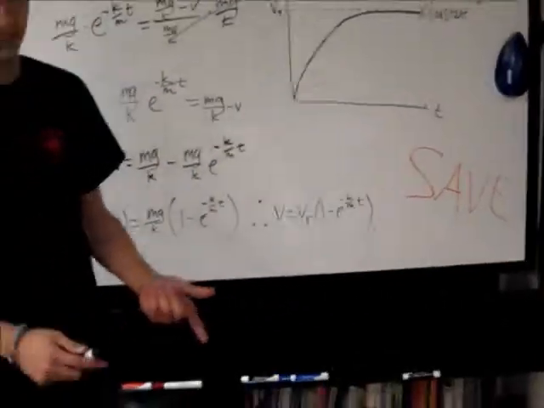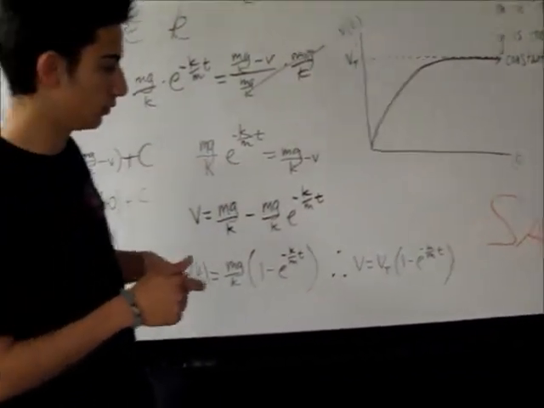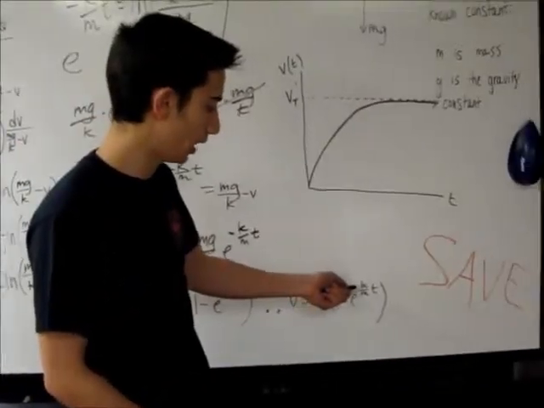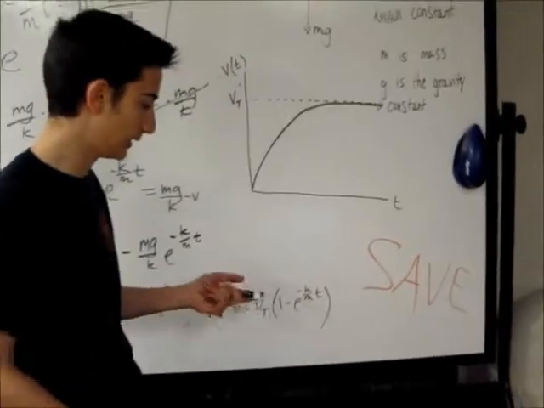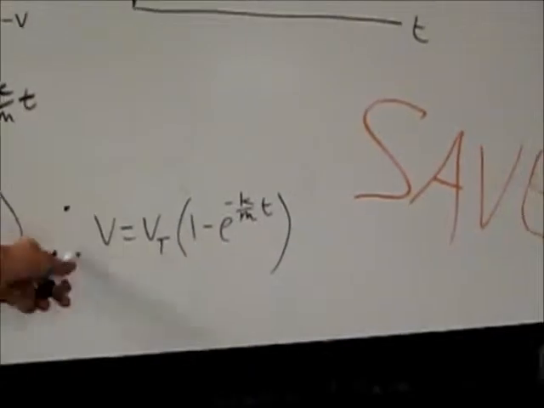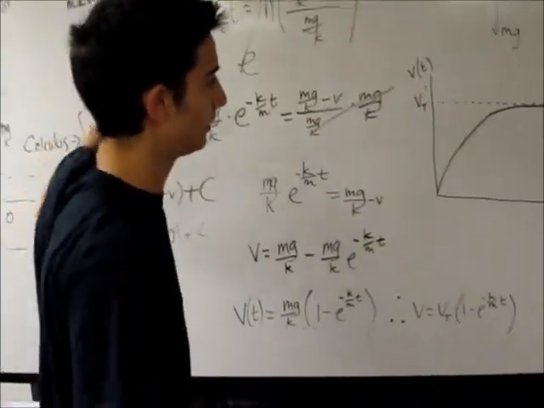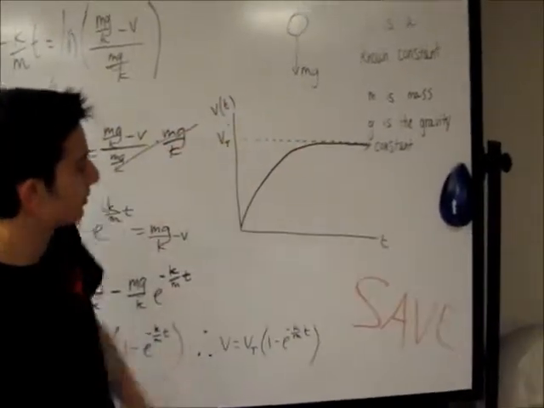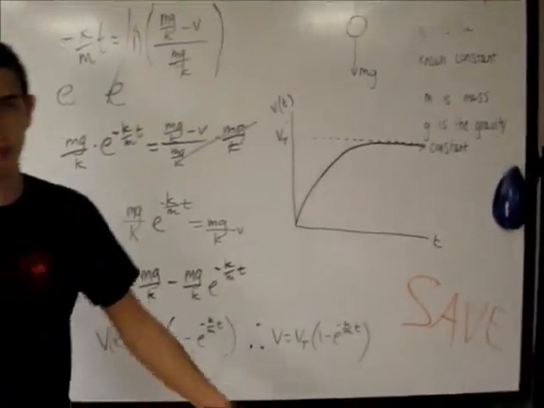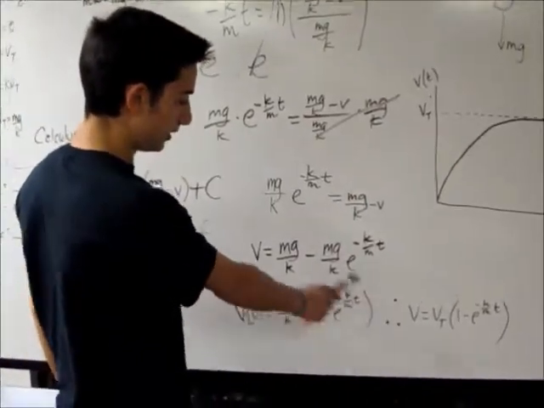So basically, if you want to solve for velocity, you need to know the air resistance constant, you need to know the mass, and you want to find out at what time you want to know velocity, and that's it. Then you get this nice graph of this, and if you want to take it a step further, you can differentiate this equation.